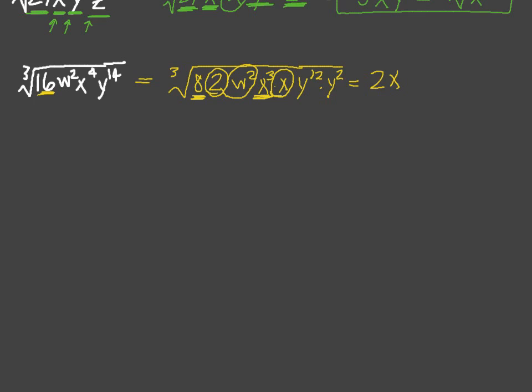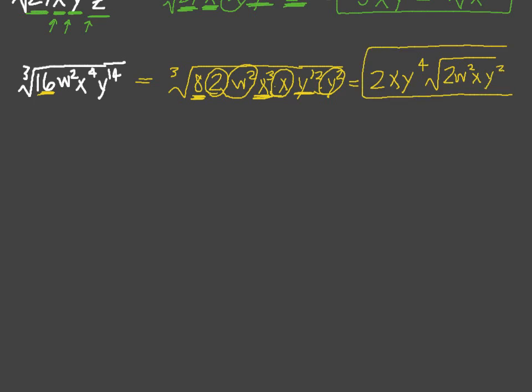X to the 1st, there's no group of 3 in there, so that's going to stay behind under the radical. Y to the 12th, 3 goes into that 4 times, so y to the 4th can come out. And then y squared, there's no group of 3 in there, that's going to have to stay behind. So what stays behind? 2, w squared, x, and y squared, all the things I circled.